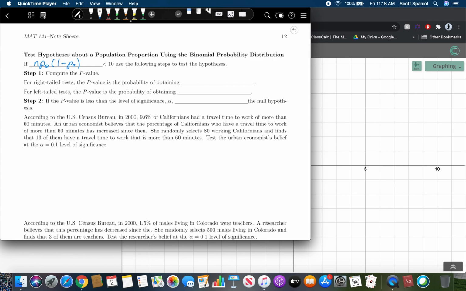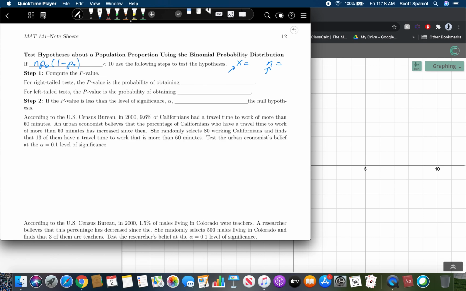If you're doing a right-tailed test or a left-tailed test, we can use the idea of binomial. Because in all these cases, we have an x value and an n value. So we have a number of trials n and a number of successes x, which is all we really need to do a binomial probability.